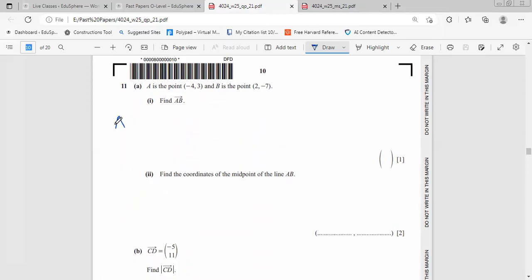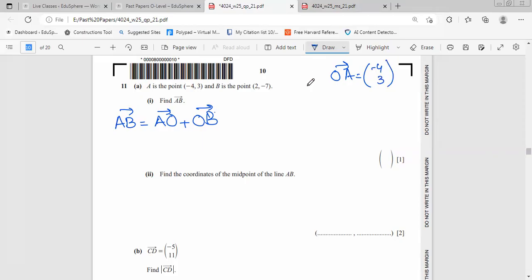We know that this AB vector should be equal to AO plus OB. Now OA is given as minus 4, 3, since A is the point.